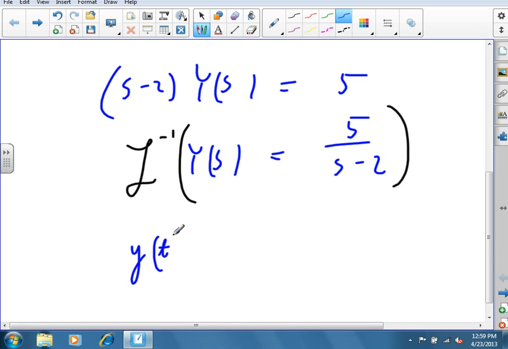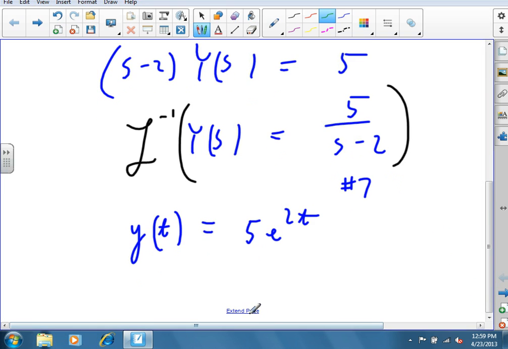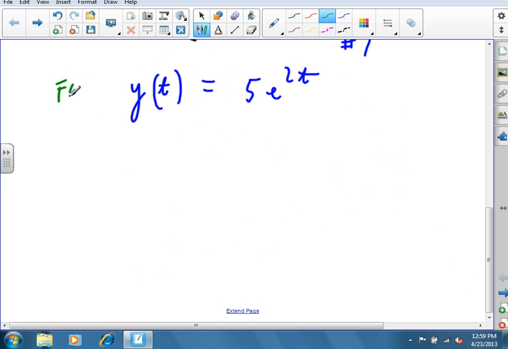I'm going to get y at t is equal to, and then I look at my Laplace transform table and see that this is number 7, and I get 5e to the 2t. And then I'm going to check my work. So that's my final answer right there, in case anybody was wondering. y at 0 is supposed to be 5. Check.